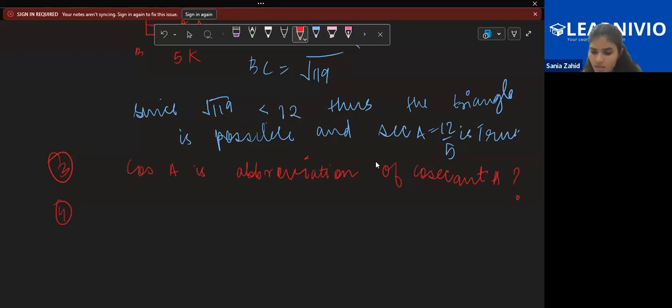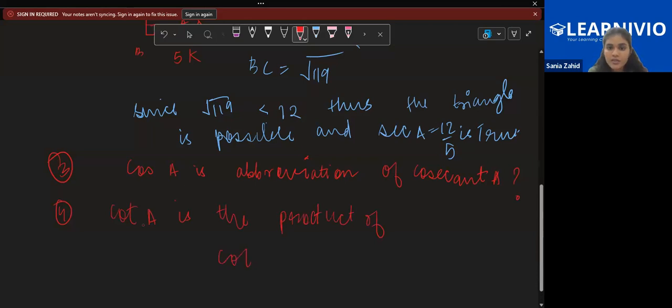Fourth question says, cot A is the product of cot and A. Is it true?